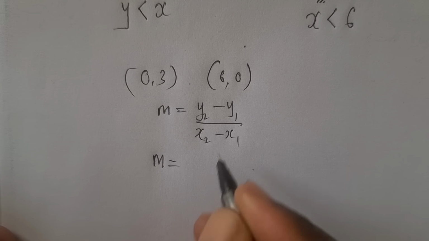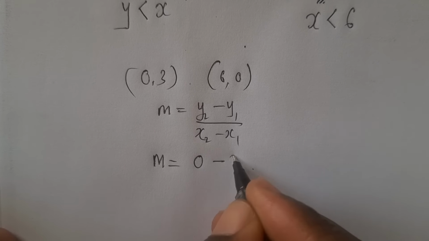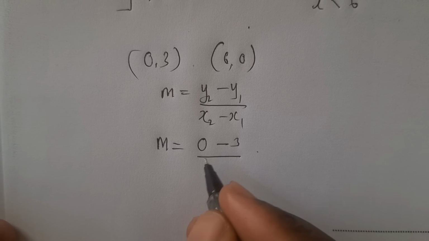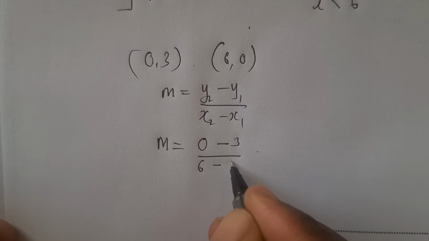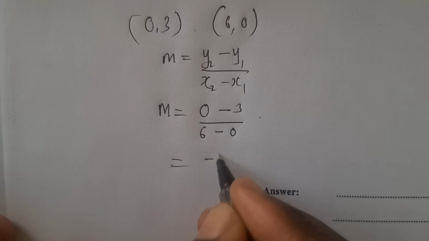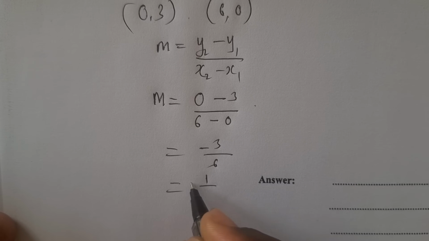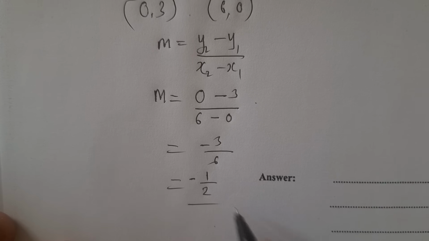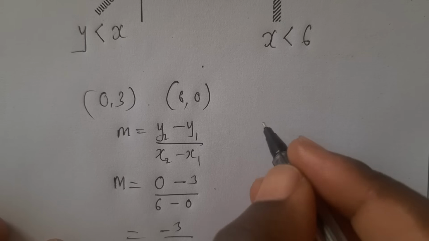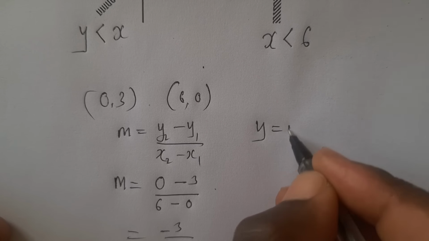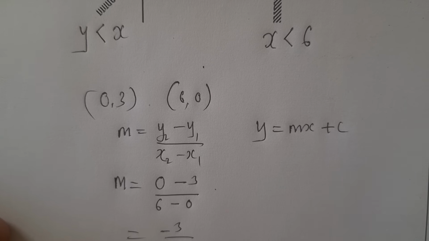So m is equal to 0 minus 3 over 6 minus 0. This gives us negative 3 over 6, which is negative 1 over 2. That's our gradient. So we can say y is equal to mx plus c.